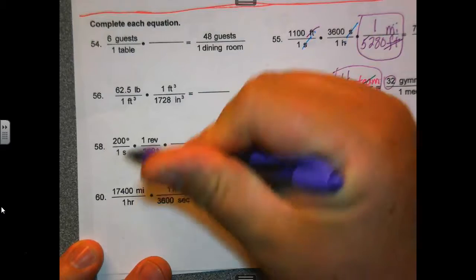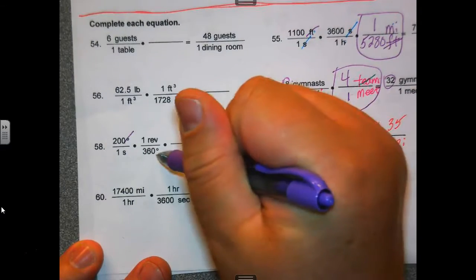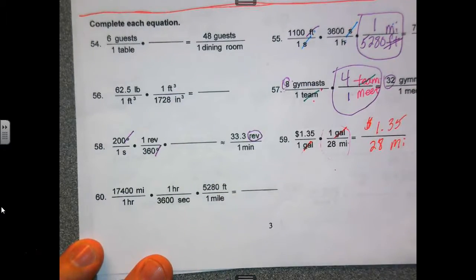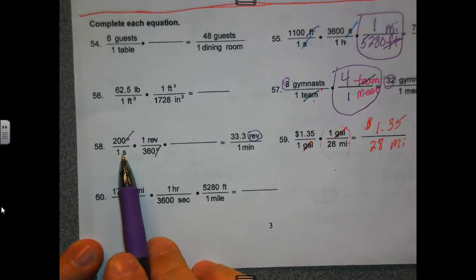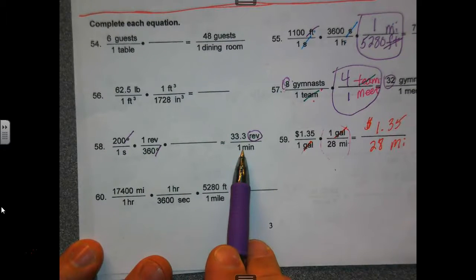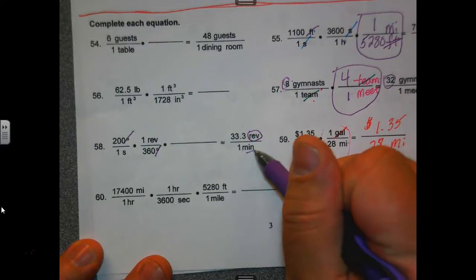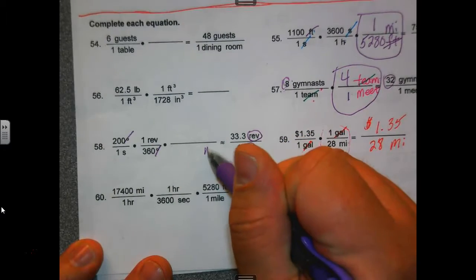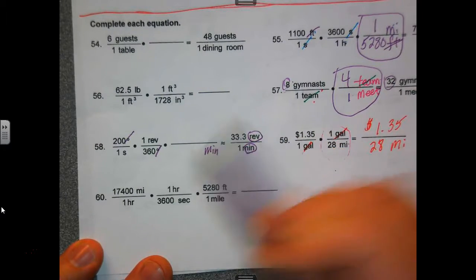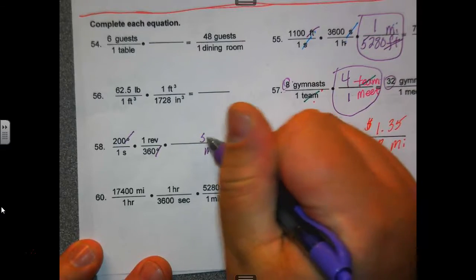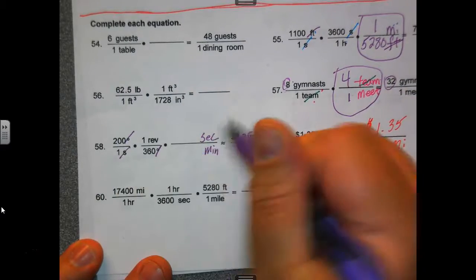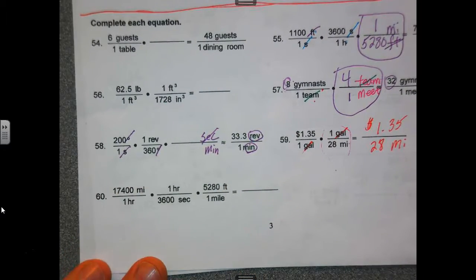Well, the degrees actually can't. With seconds on the bottom, I have to end up with minutes. I need a minute on the bottom. The seconds cancel. Okay, 20 seconds.